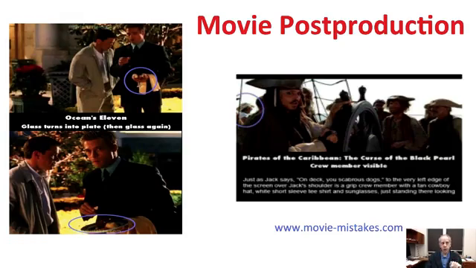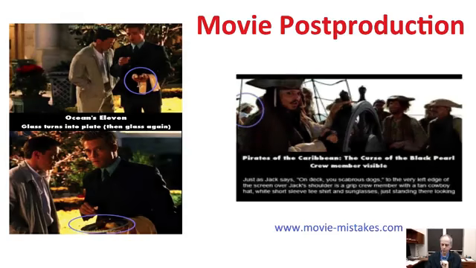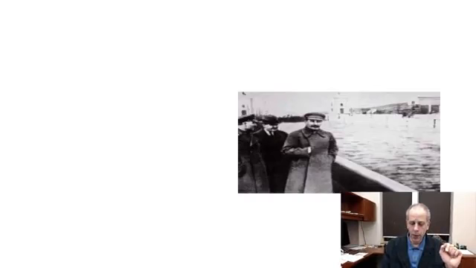But let's see a few additional examples, because sometimes we need to repair images and videos, not just for the movies. So for example, here is a picture that looks perfectly fine to us. It's actually a picture of Stalin. We see nothing wrong with this picture. The only problem is that this is not an original picture.